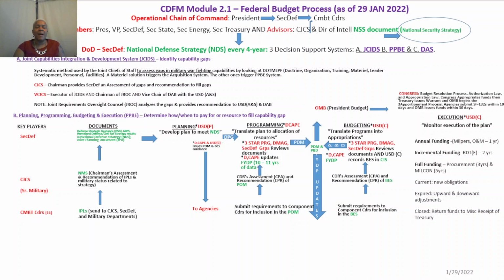OMB does not automatically send them their money. They have to submit the SF-132 within 10 days of that appropriation enactment, and then OMB has 30 days to send them their apportionment. So anytime you hear the word apportionment, that is OMB apportioning funds to the agencies.